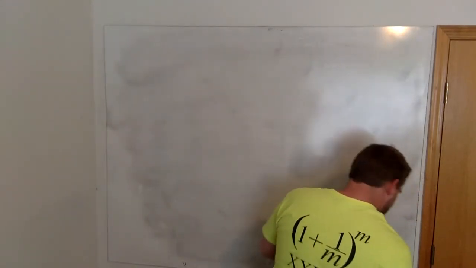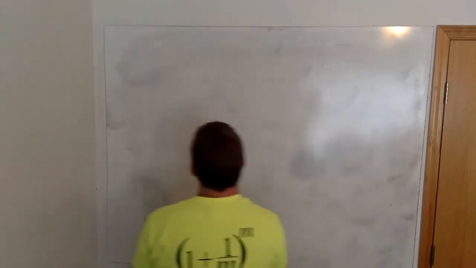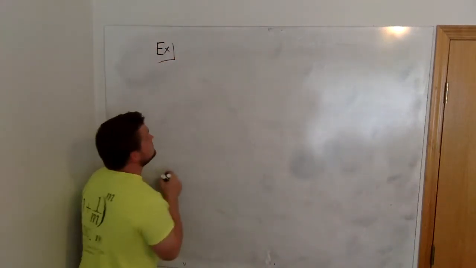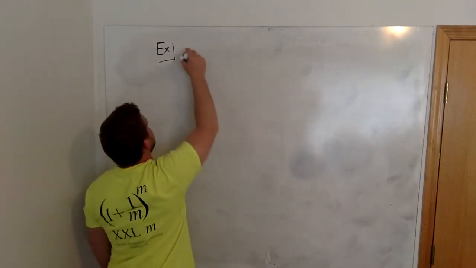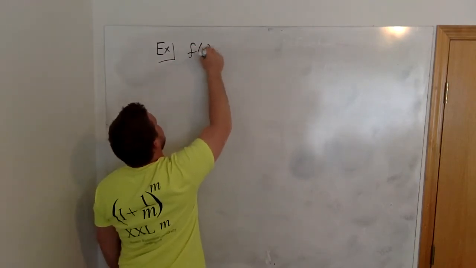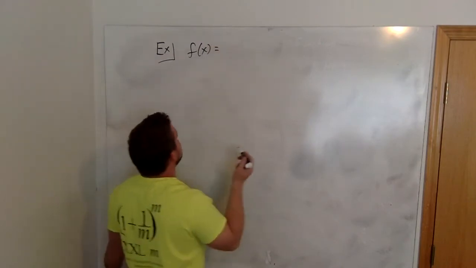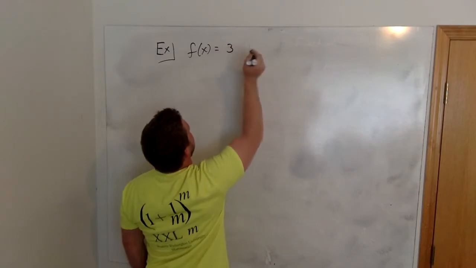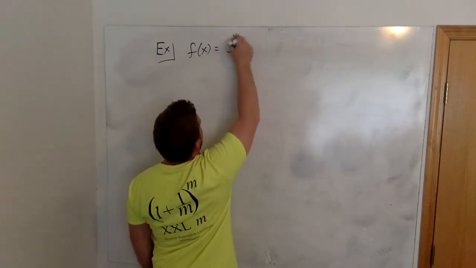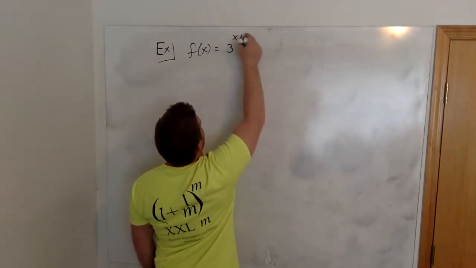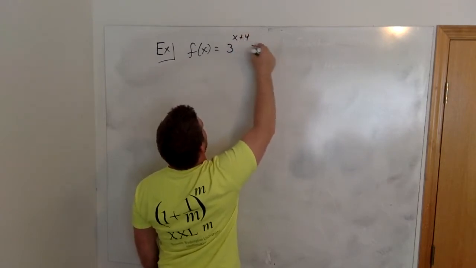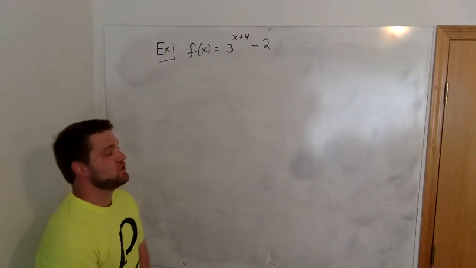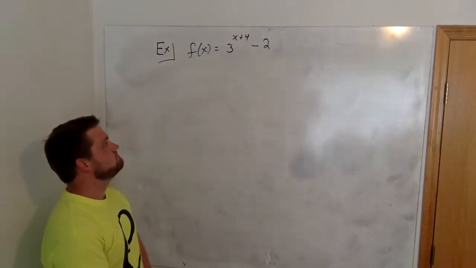For our first example, let's say we want to graph f of x equals 3 to the x plus 4, minus 2, for example. We want to graph this transformed exponential function.